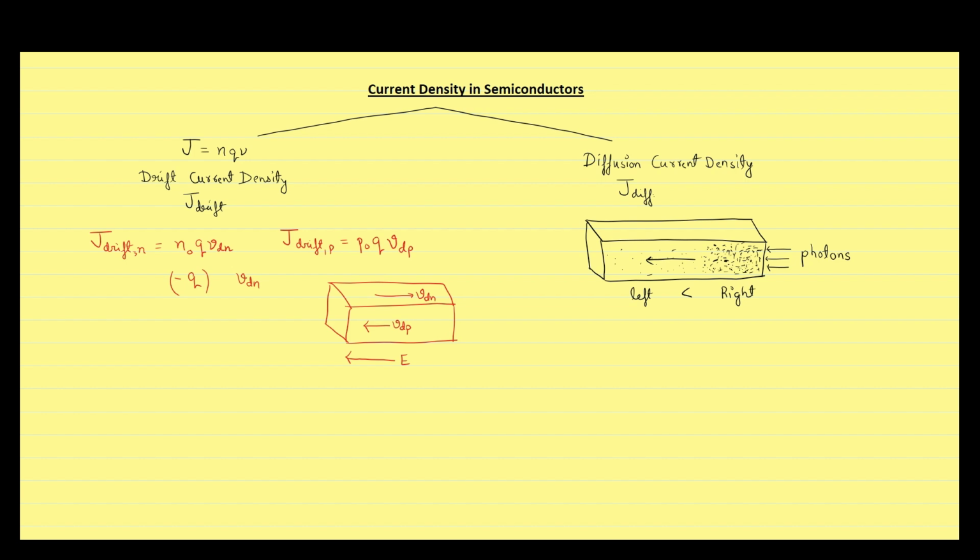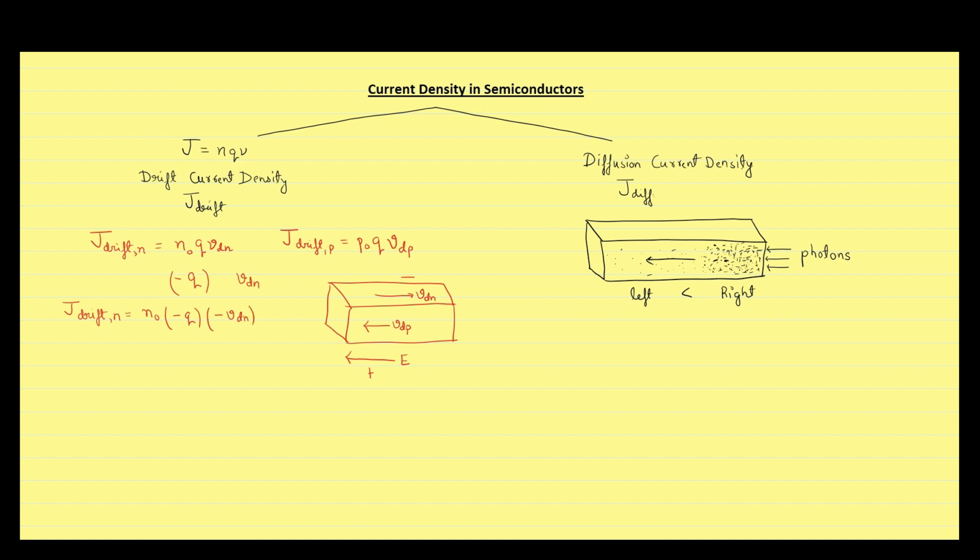So, if we put positive sign towards the electric field and negative sign opposite to the direction of electric field, then we will get drift current density for free electrons to be N0 multiplied by minus Q multiplied by minus VDN.